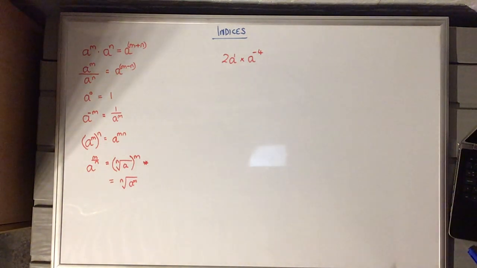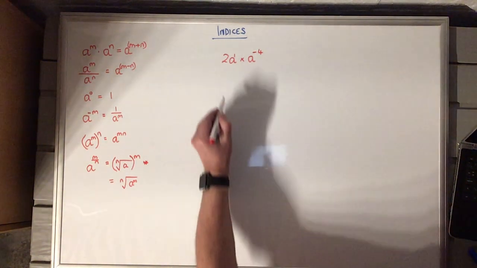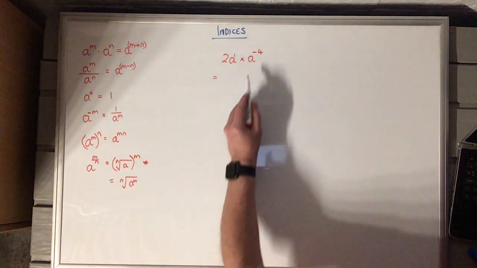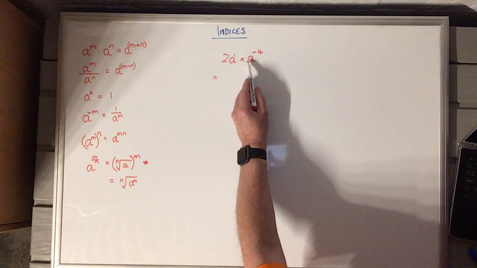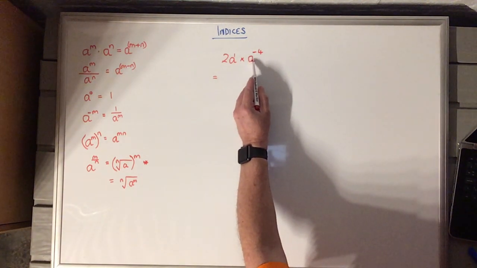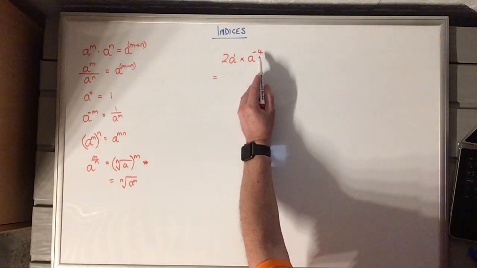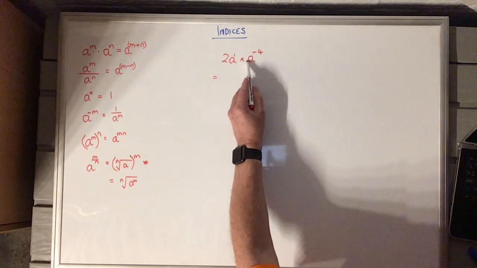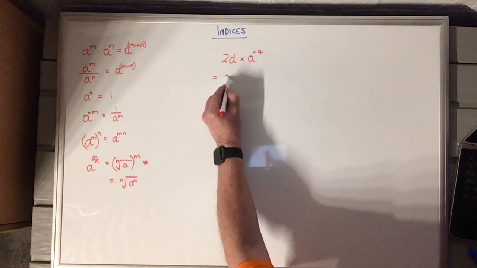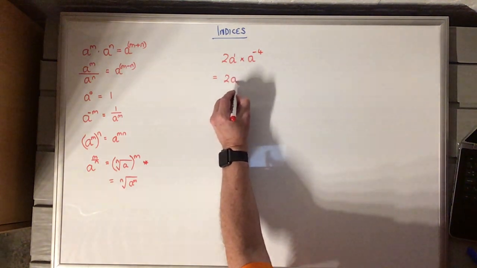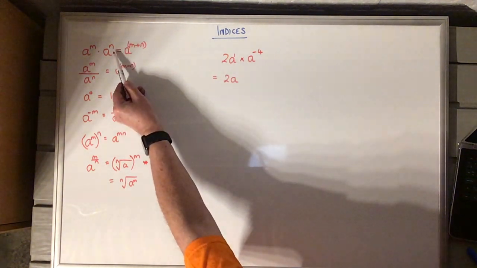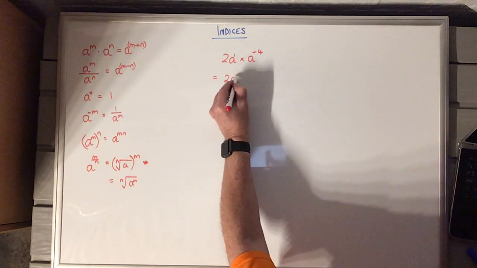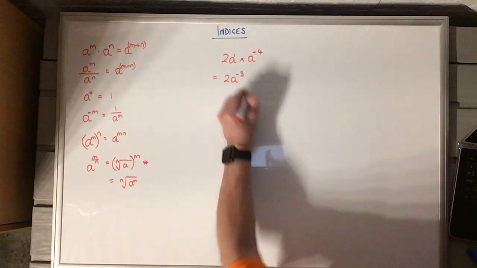And now it's quite simple for us to work out the value of this. So this is how it goes about. This is 2 times a to the power 1, times a to the power negative 4. So we deal with the normal numbers first. So 2 times 1 is 2, and using this rule, we add the powers, that's 1 add -4 is -3.